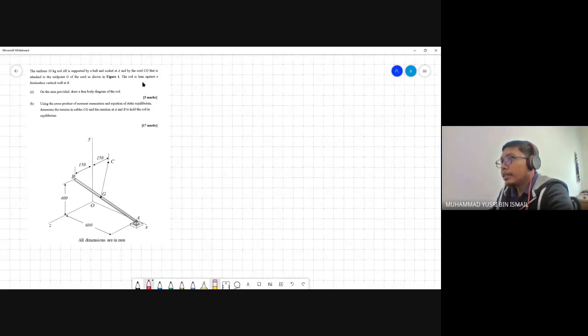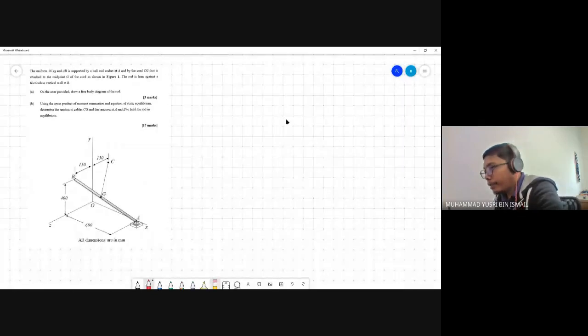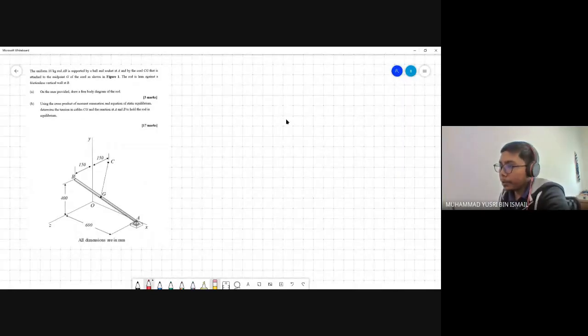The rod leans against a frictionless vertical wall at B. On the axis provided, draw a free body diagram of the rod.